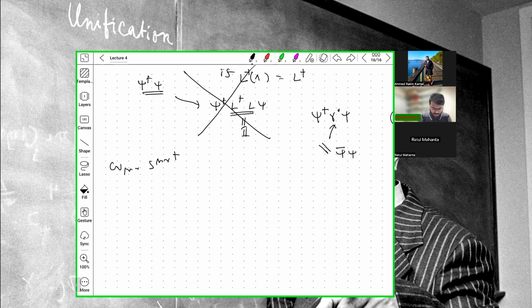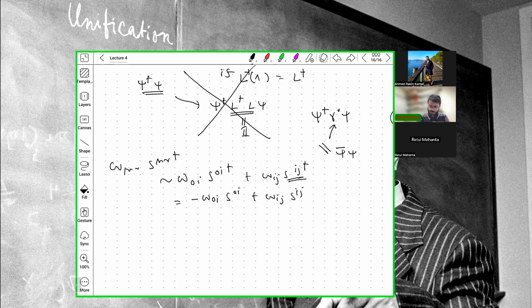I am not bothering about factors. The summation convention is implicit, and we know that this is minus, but they are Hermitian, S_ij.